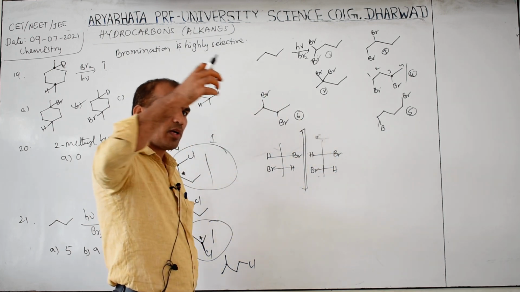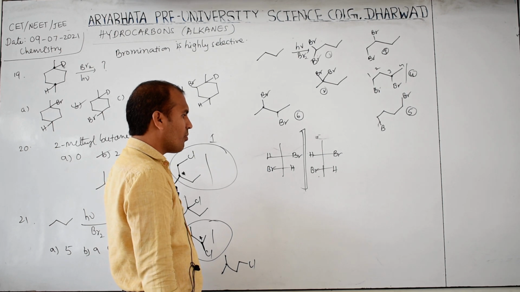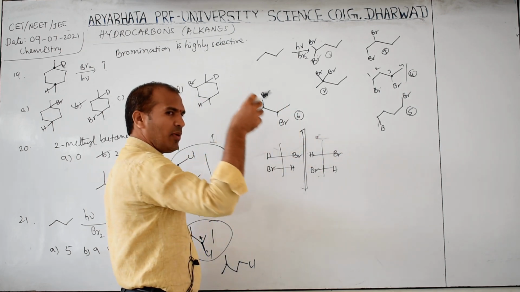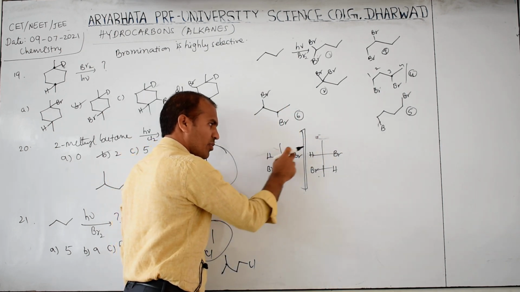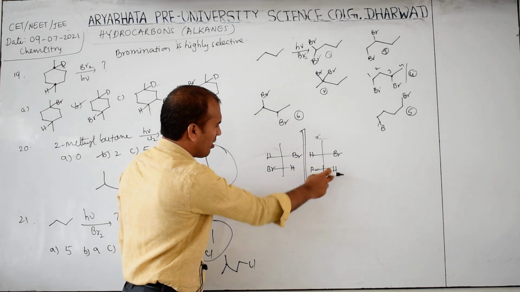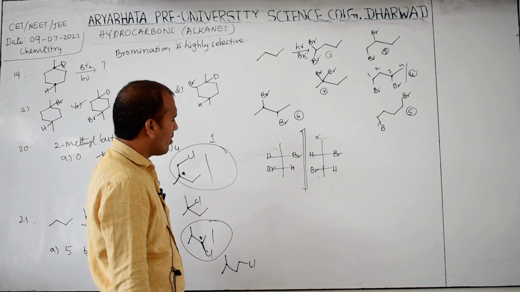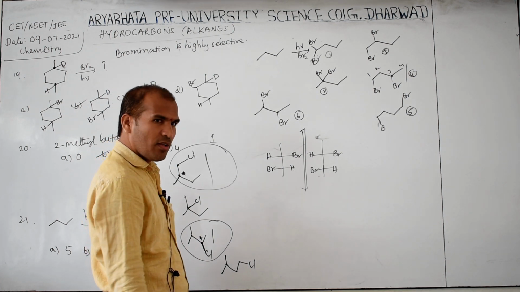Pick up this second molecule and place it on the first one. Superimposable. Hydrogen, hydrogen, superimposable. Bromine, bromine, superimposable. But here bromine and here hydrogen. Yes or no?